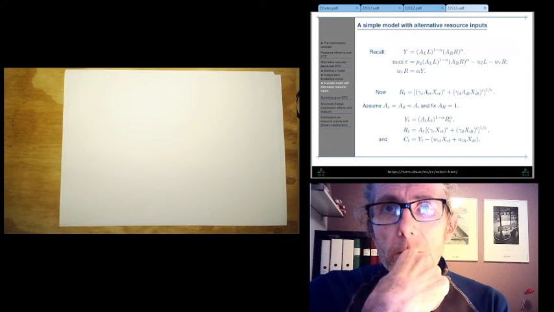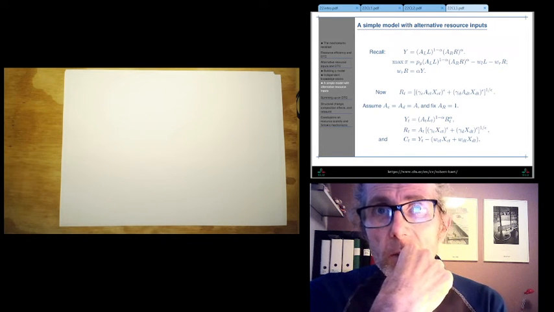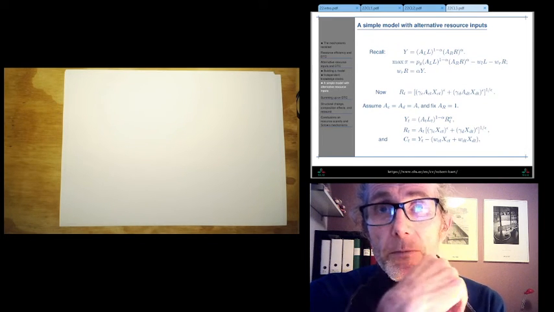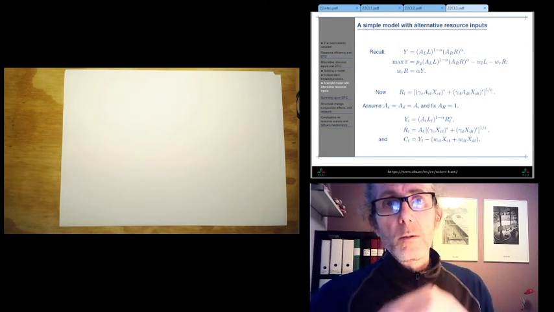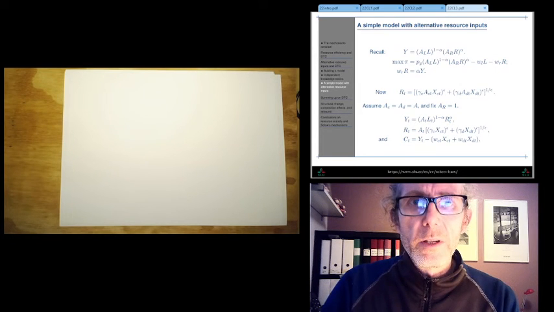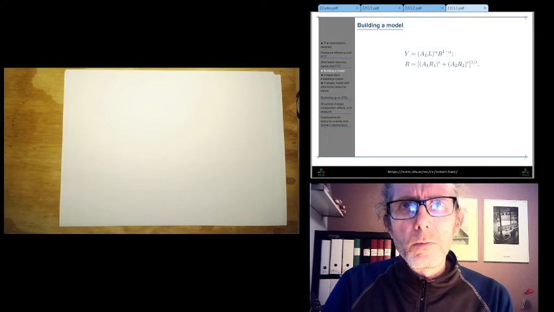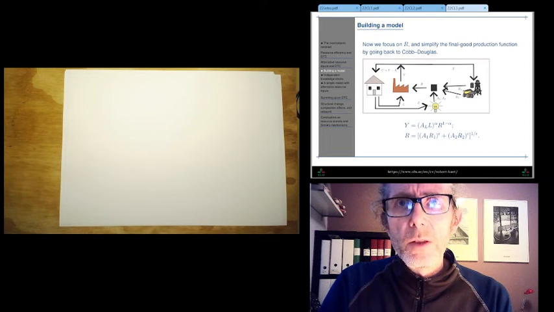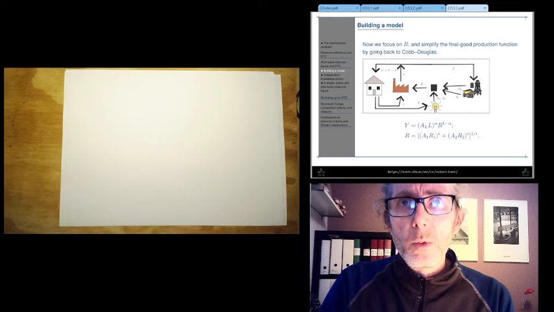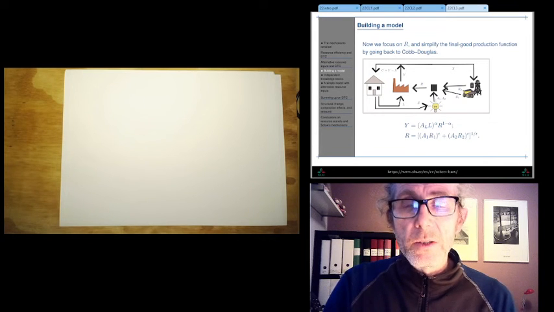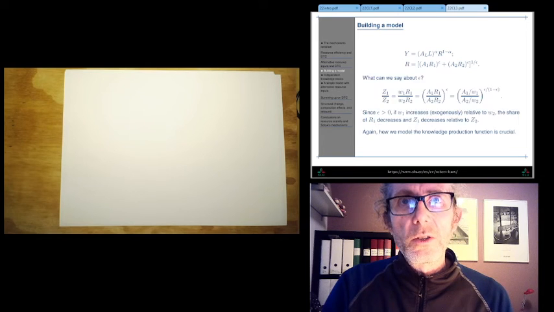But what if we stick with the Cobb-Douglas and have a fixed share of the resource in the final goods sector, but we have this resource sector here, where putting things together we have the CES. So we go back to this CES idea, but now without any directed technological change.